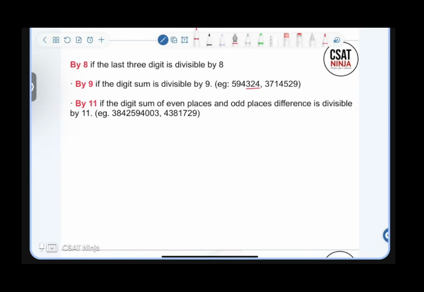Now for 11, okay, if the difference between the digit sum of the even places and the odd places is divisible by 11, the number is divisible by 11. It may sound a bit confusing, but let me write it like this: 4, 3, 8, 1, 7, 2, 9. The statement says the sum of the even places and odd places.